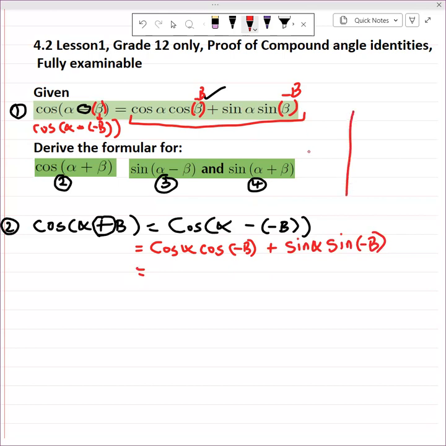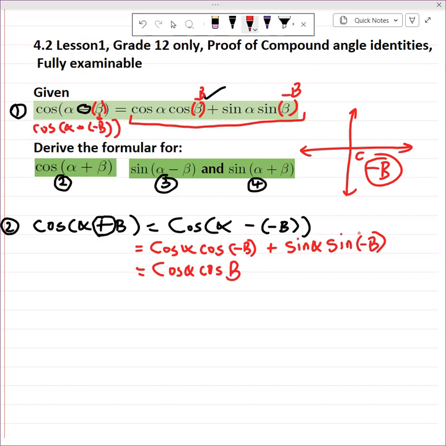Remember, if you haven't watched our videos before this one, please watch them, then you'll know your Cartesian plane. Negative beta is in the fourth quadrant, which is the quadrant for cos. So I know this one is going to be positive cos beta. Here, nothing changes. I still have cos alpha cos beta.